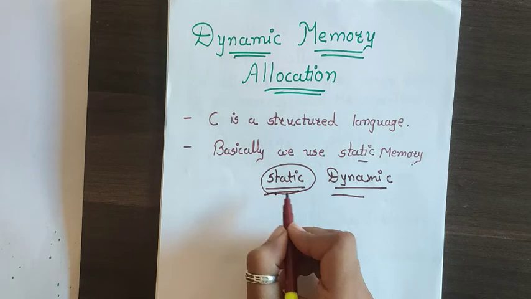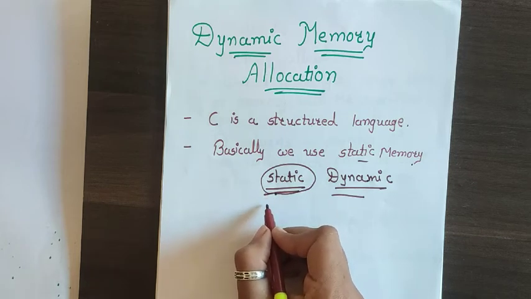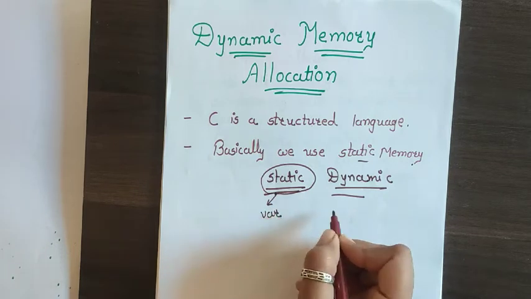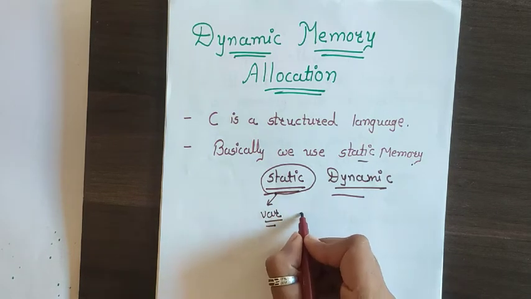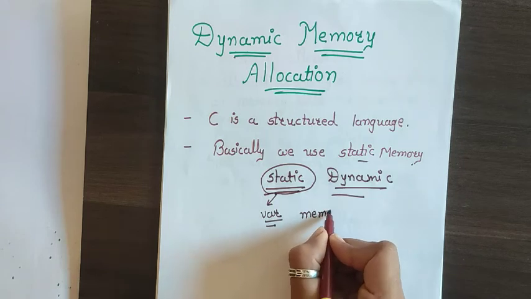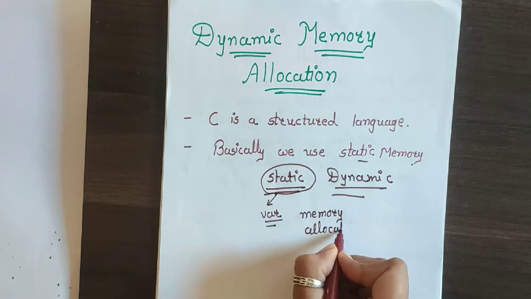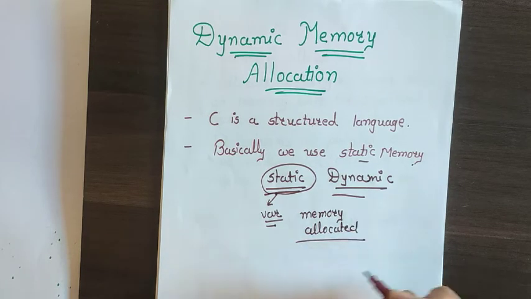Static memory means what? Before the execution we initialize any variable with its size. That means memory is allocated previously, right?